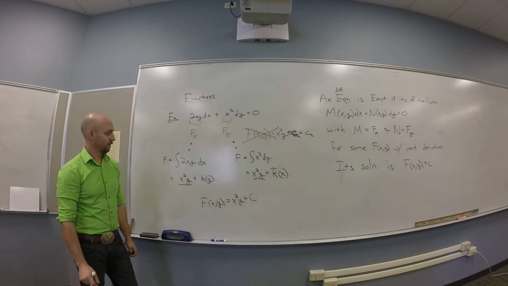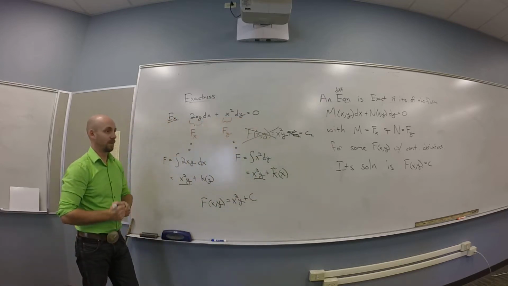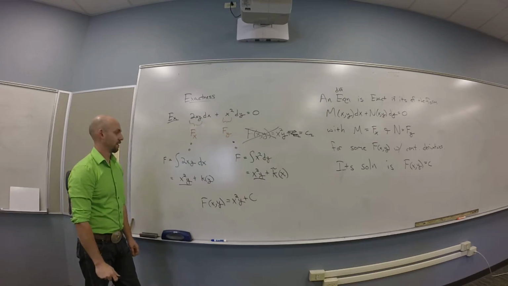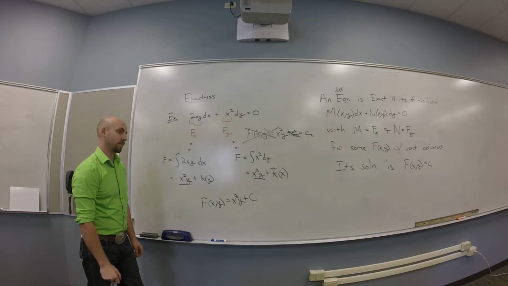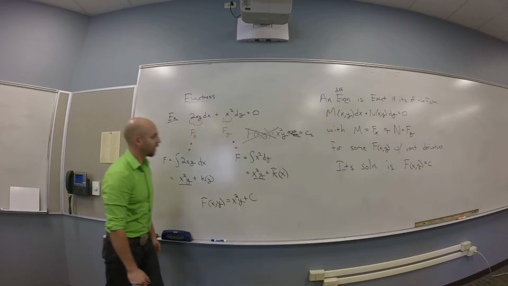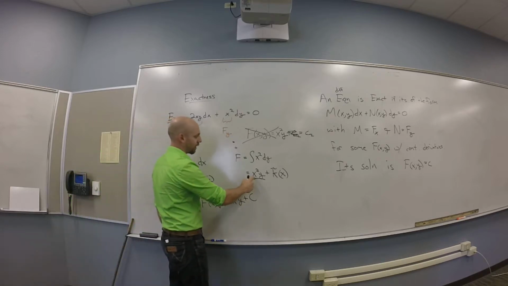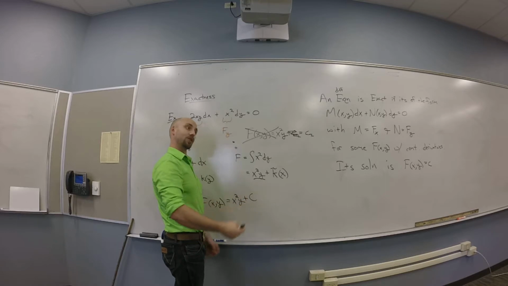Now, what if instead of ky and kx being equal to each other, it was something else? You said it could end up being a function instead of a constant. What would that look like? I'll show you in a bit. Never mind, I'll show you now.